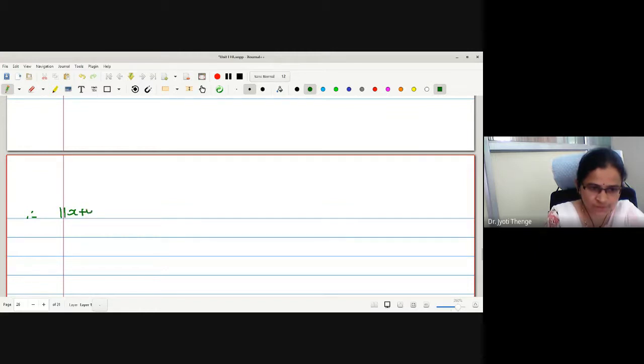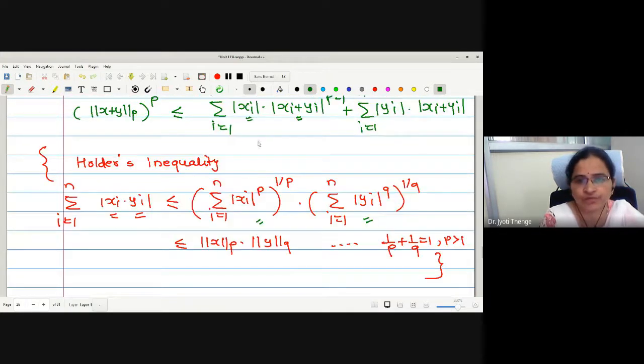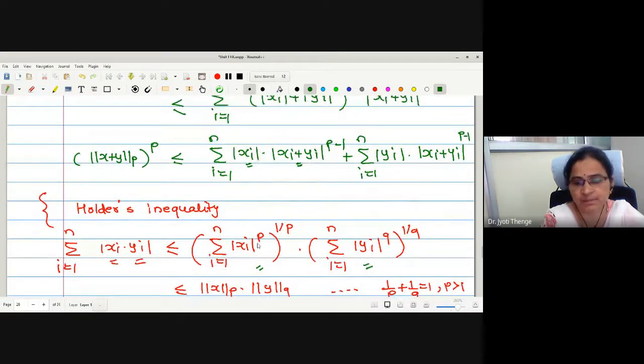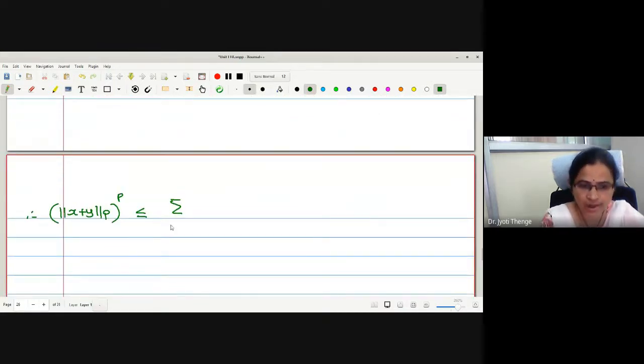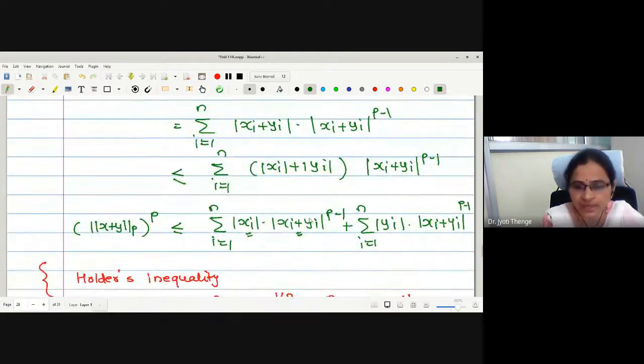Norm p of (x + y), bracket raised to p, is less than or equal to, the first term |xi| I am separating: summation i equals 1 to n |xi| raised to p, raised to 1 by p. What about the second term? This second term should be separated as raised to q raised to 1 by q.